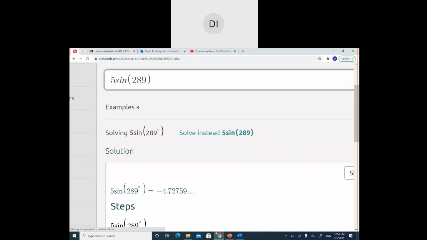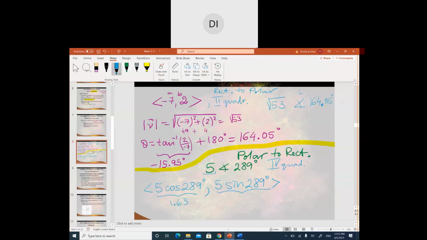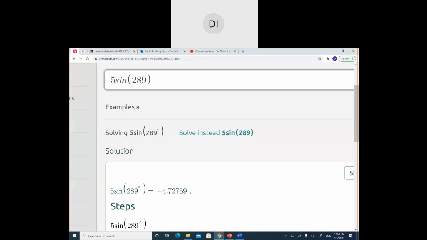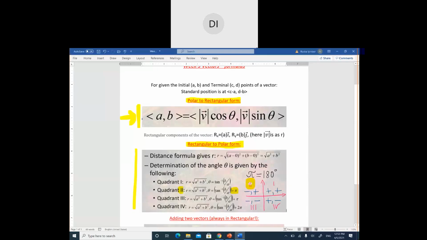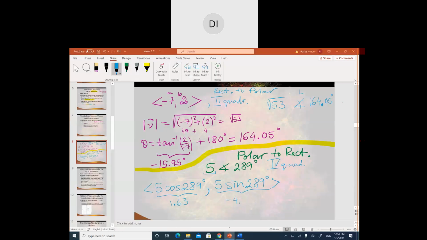So it's going to be negative 4 point... Yes, cosine gives you the x, sine gives you the y coordinate. So it's negative 4.73.